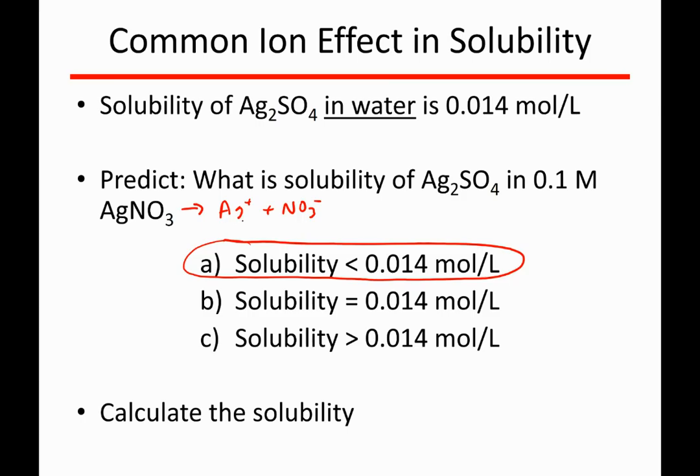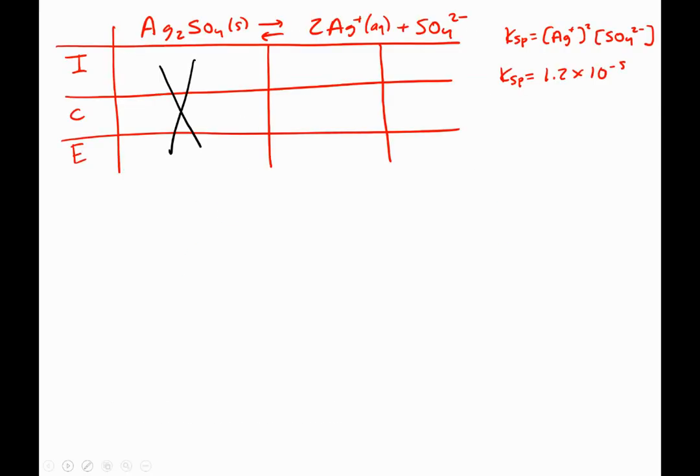You get one Ag plus ion for every AgNO3. Therefore, the concentration of Ag plus that you have in the initial solution will be 0.1 molar. 0.1 molar AgNO3 means that you have 0.1 molar concentration of Ag plus initially. And we'll say that's from the 0.1 molar AgNO3.